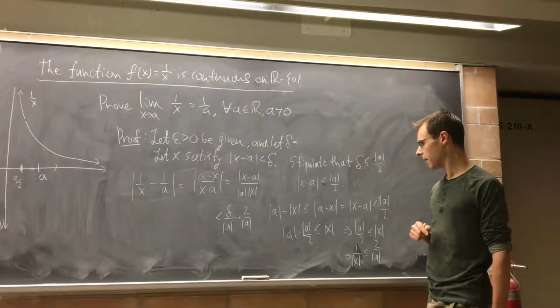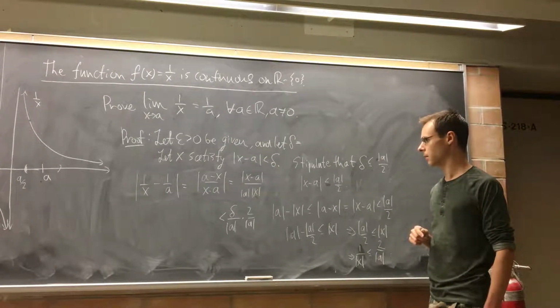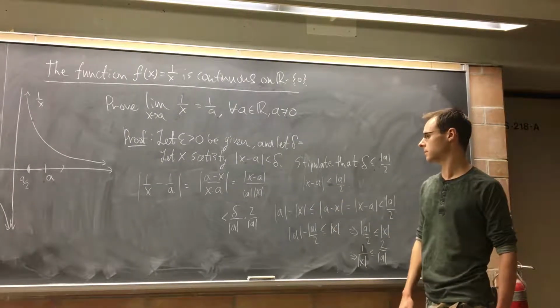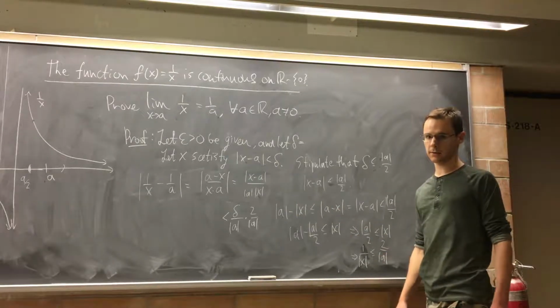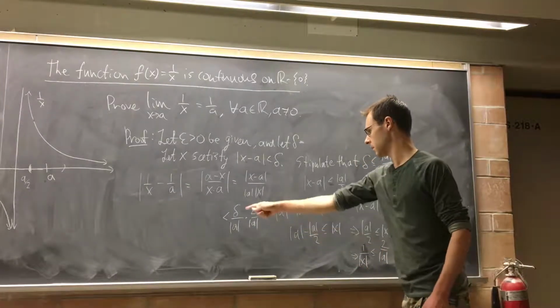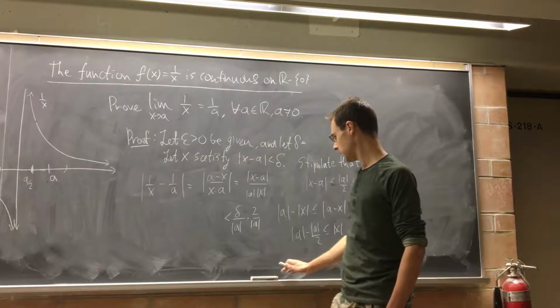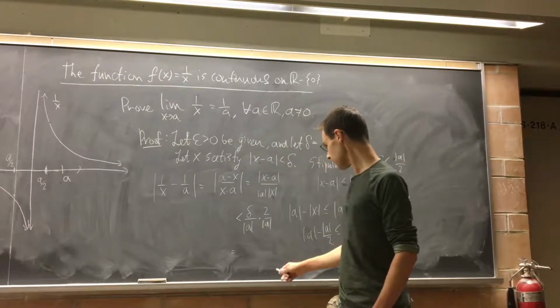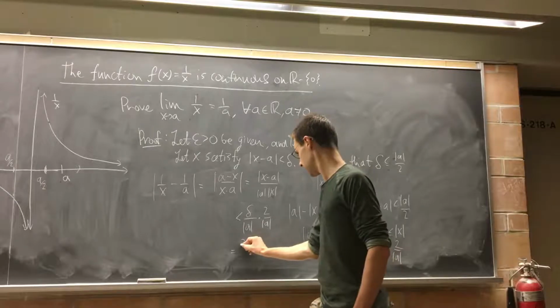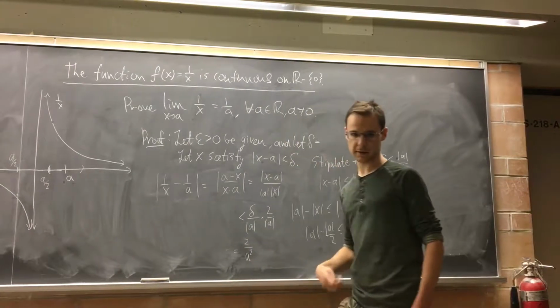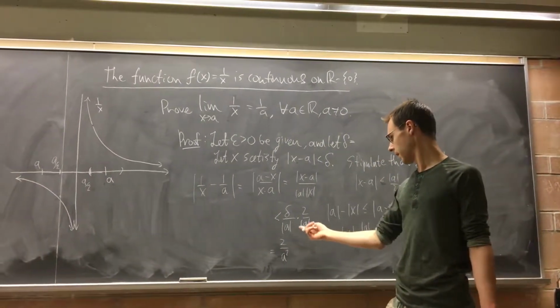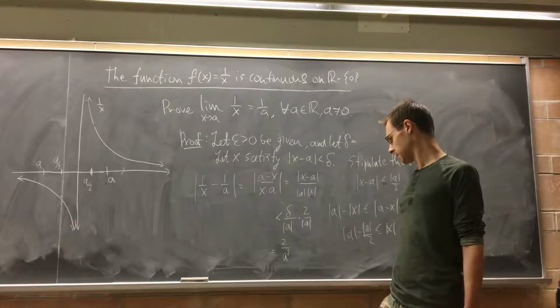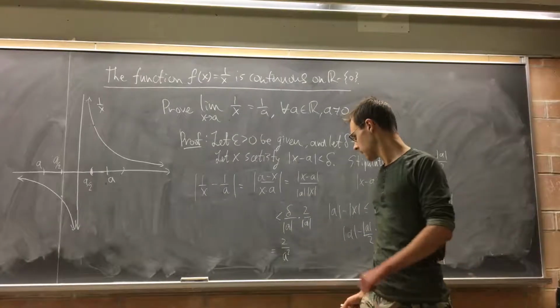There we go. And now what happens? Well, we have to choose the right delta, okay? The x's are now gone. We have a constant here times delta. What does delta have to be? Well, we have 2 over a squared. The absolute value can disappear because we now have abs a times abs a is abs a squared, which is the same thing as a squared.